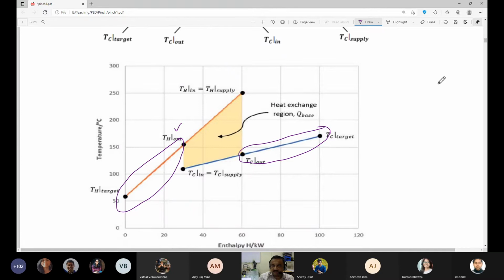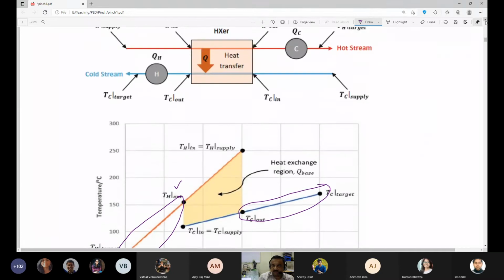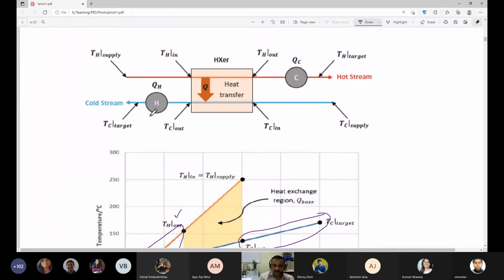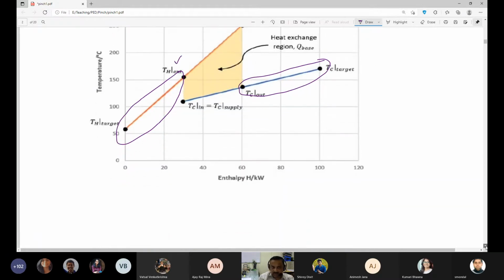You have to provide that many kilowatt so that it can be heated to TC target. So we have a cooling requirement QC in kilowatt, and a heating requirement QH in kilowatt. This is the plot we have.